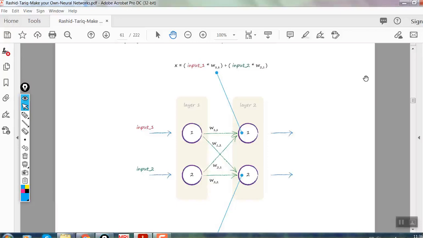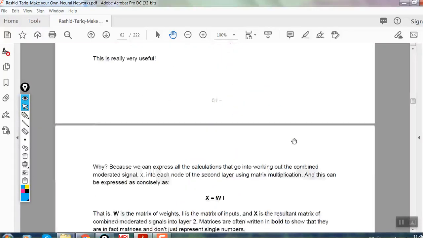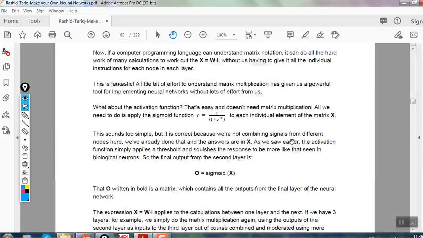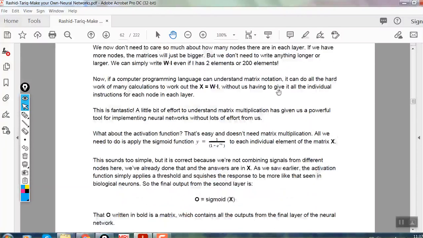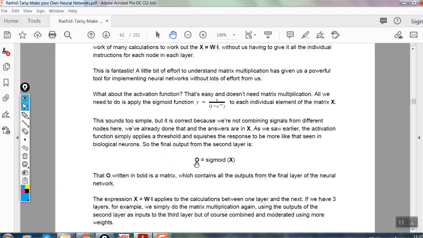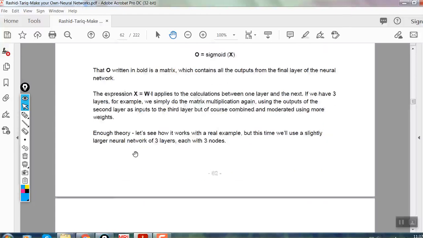We multiply the inputs and weights, and after that pass through the sigmoid. Then totally we can say x is equal to W multiplied by I, where I is the input, W is the weighting matrix, and x is the result of this equation. And then the output of each node is the sigmoid of x.